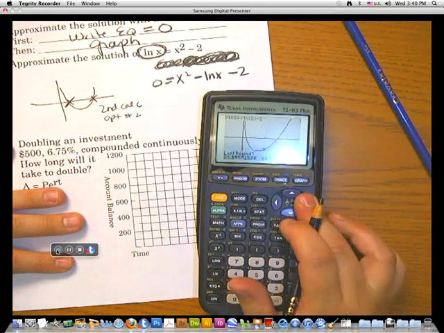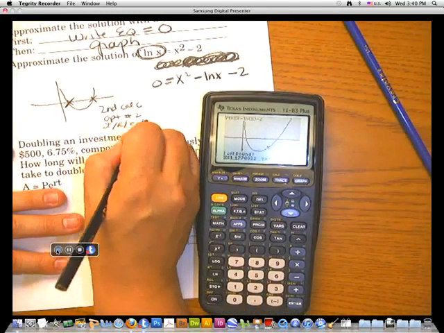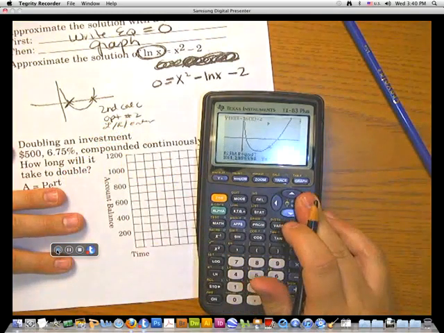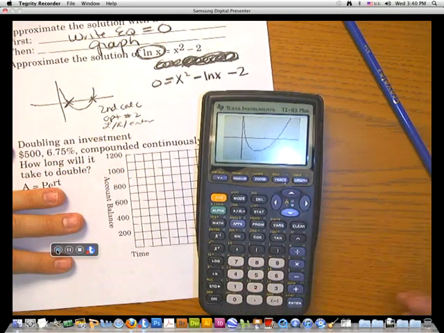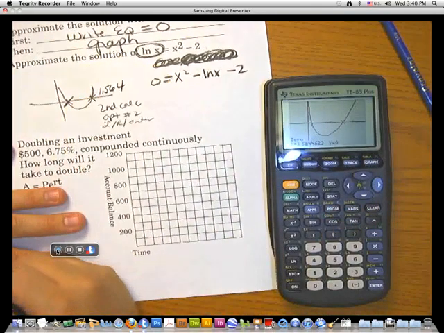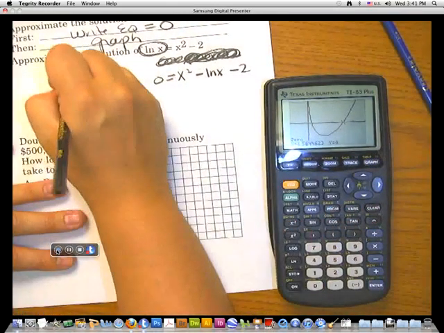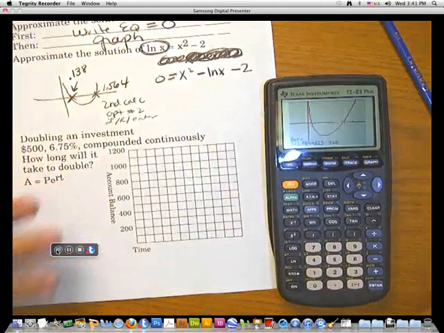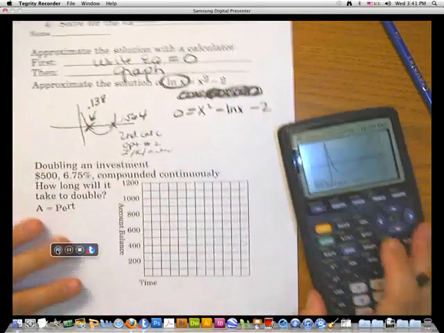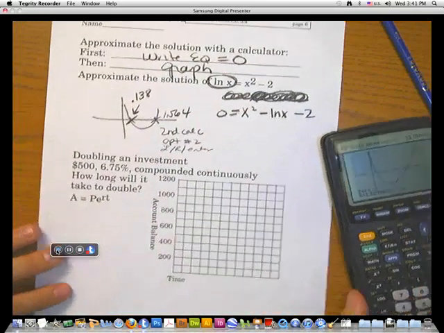Make sure your spider is left, make sure it is right, hit enter. And one of them I find is 1.564. And then you're going to repeat the process for the other side, and you should find the other side to be about 0.138. But that's just using your calculator, how to approximate and guess and estimate, of which we've been doing several times over.